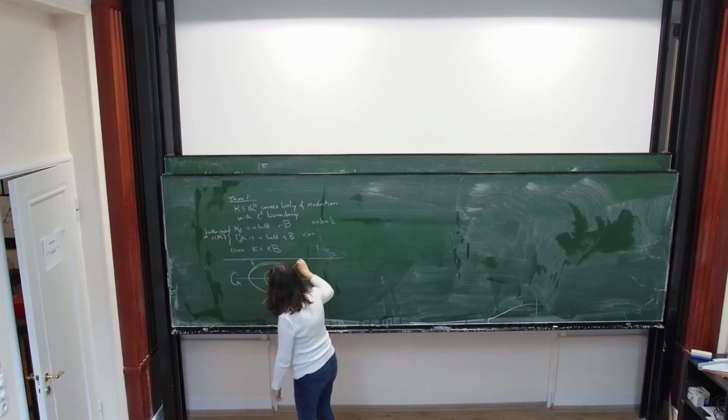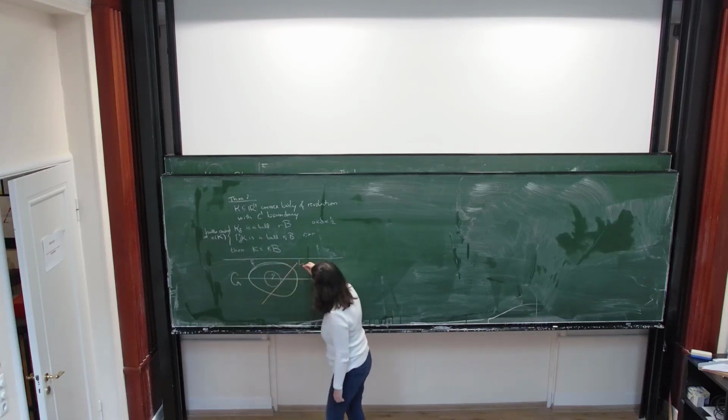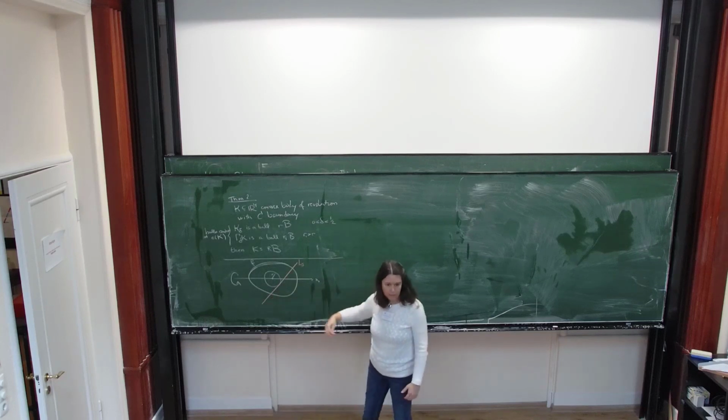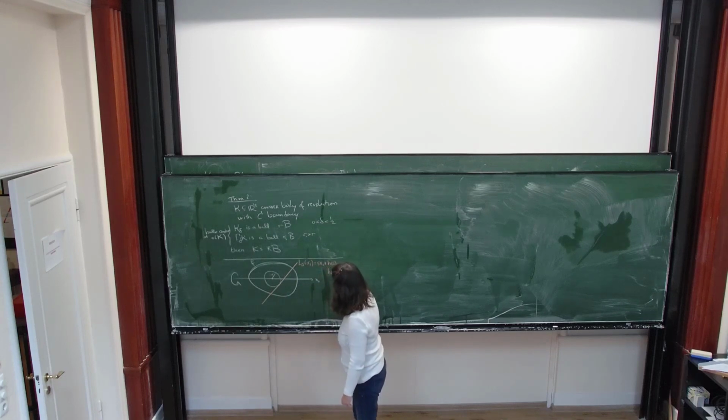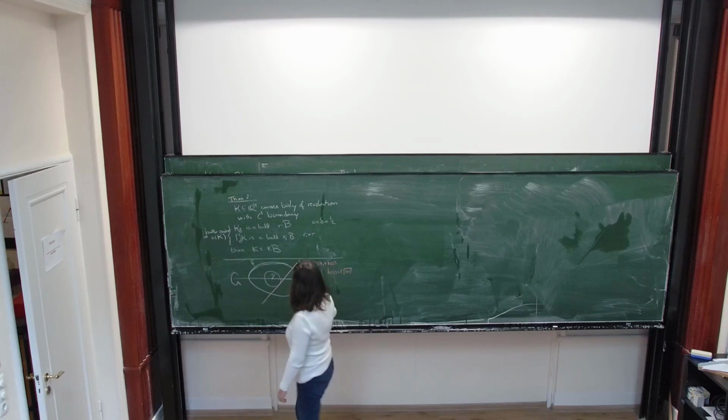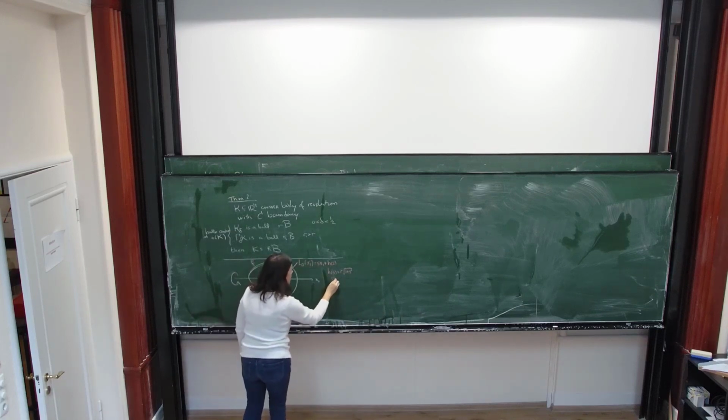Because this is a body of revolution, each hyperplane is determined by a line in this plane that we can write as x_n = s x1 + h(s). And because the floating body is the ball, we know exactly what this ordinate is. It is r times the square root of 1 plus s squared, where s is the slope of the line, and s is between 0 and infinity.